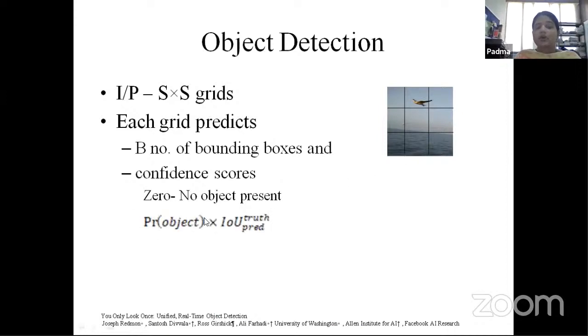So how do we compute the confidence score if some object exists? It is computed with a given formula: probability of an object multiplied by intersection over union, with respect to truth and predicted.